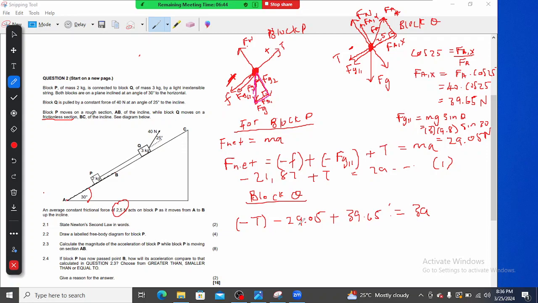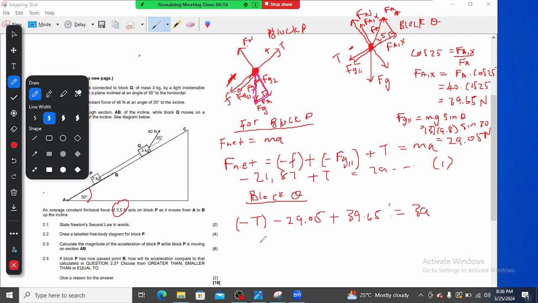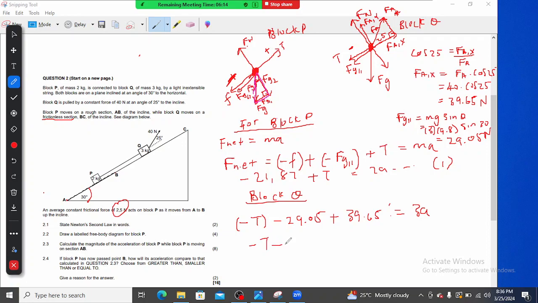So can you please punch negative 29.05 plus 39.65? Okay, so that is minus T plus 10.6 equal to 3a.